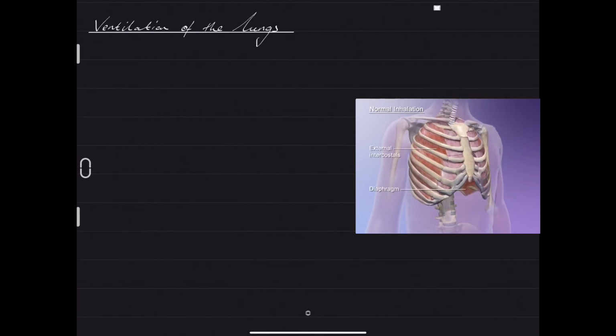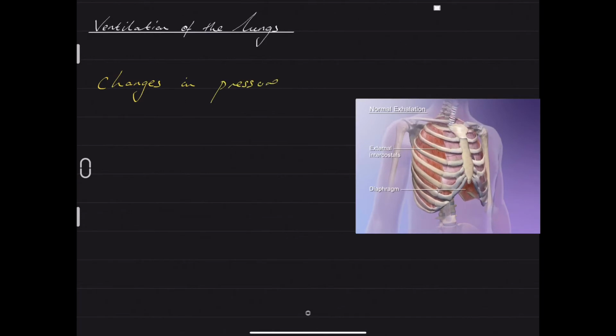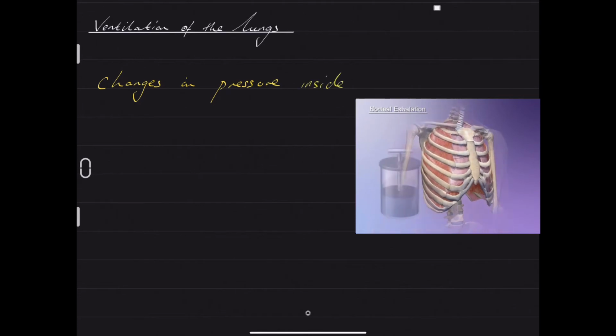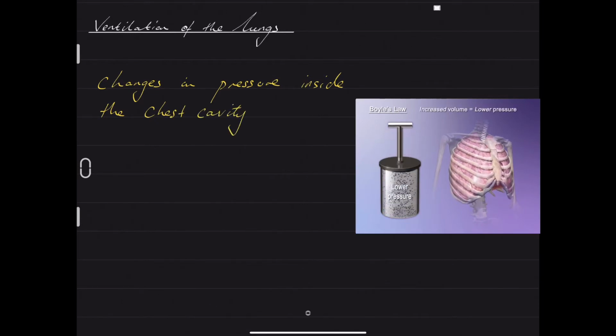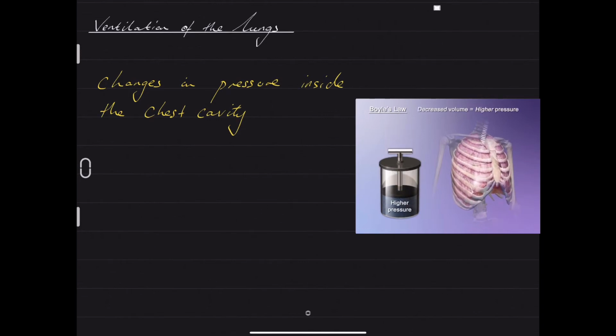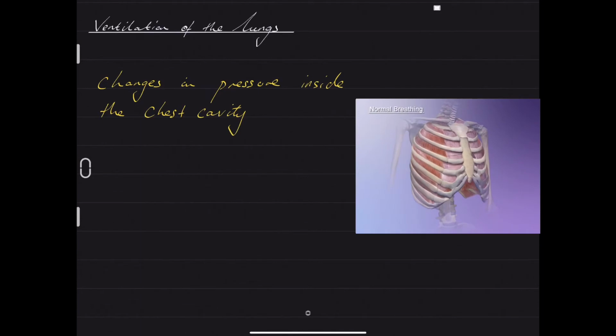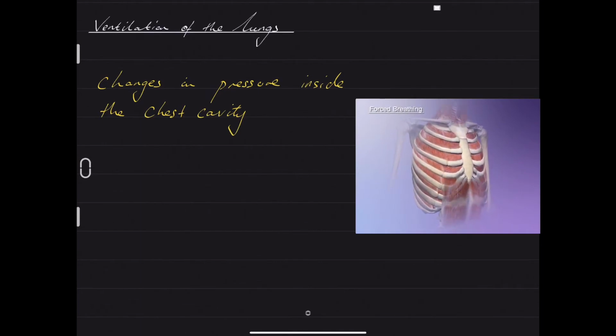So can we just note down that changes in pressure inside the chest cavity are brought about by the contraction or relaxation of the intercostal muscles between the ribs and the diaphragm.